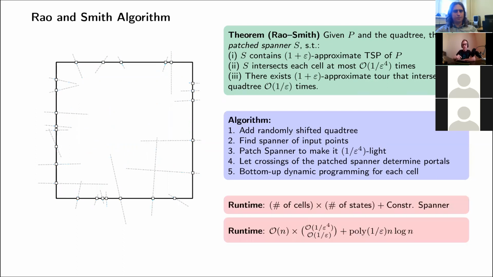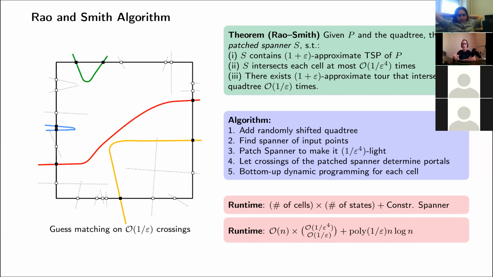So we get rid of these spanner edges because we don't need them anymore. We then guess these 1 over epsilon crossings out of 1 over epsilon to the 4 portals, because that's the number of portals we have. We select them by these black rectangles, and then guess this matching, a non-crossing matching on these 1 over epsilon crossings.